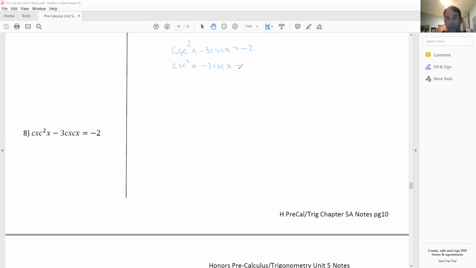So that'd be a +2. And we're back to quadratics. We've got to go ahead and factor it. I have cosecant squared minus 3 cosecant plus 2. So that'd be cosecant minus 2 and cosecant minus 1.